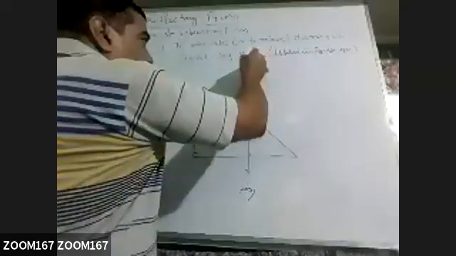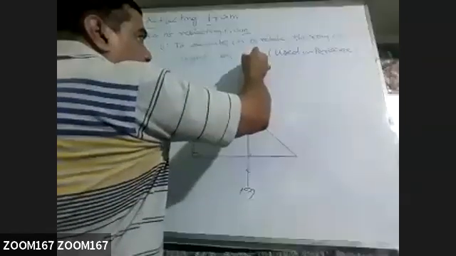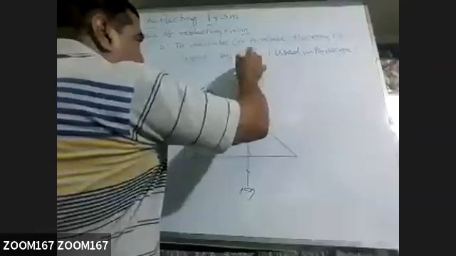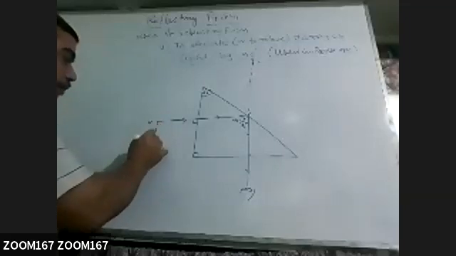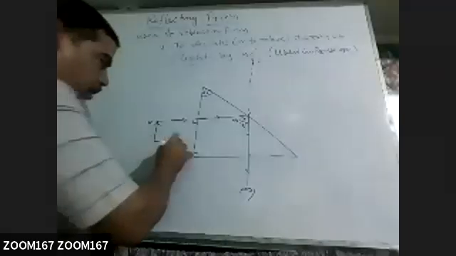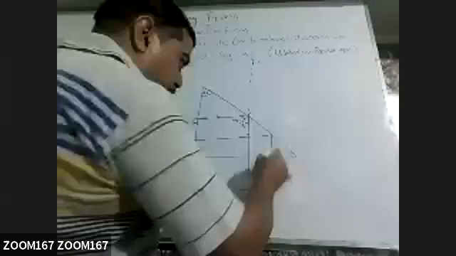Here will be the image of this object. That is, the object is here, but it is appearing at this place, the same distance. If it is an extended object, suppose we have taken it this way, then from here also the ray will go like this and reflect like this.